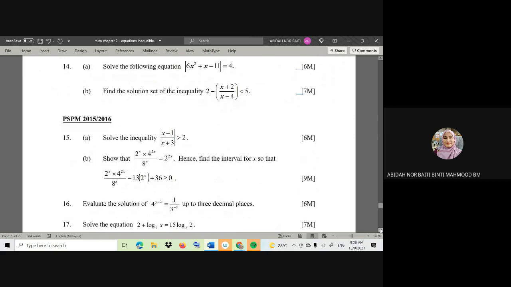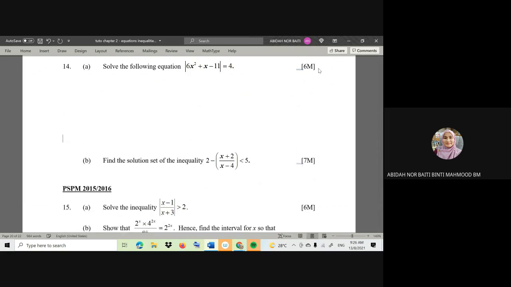Boleh buat tak number 14 tu? Number 14 kita guna apa? Number 14. Equation. Use basic definition ya. Basic definition macam tadi lah. Satu positif. Satu lagi negatif.